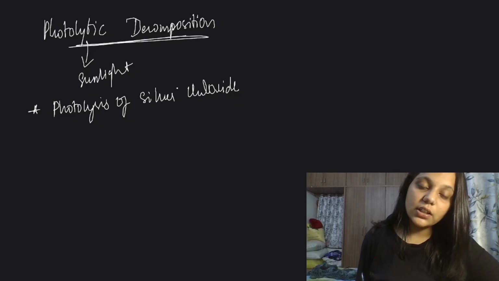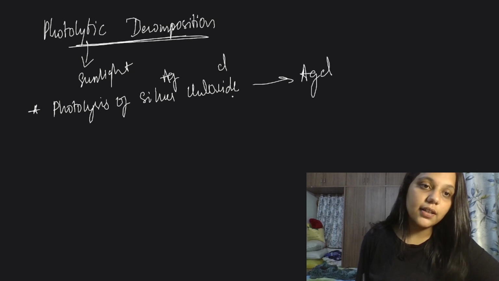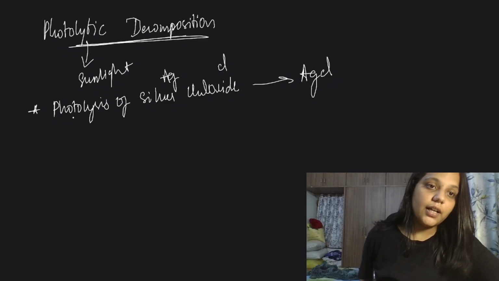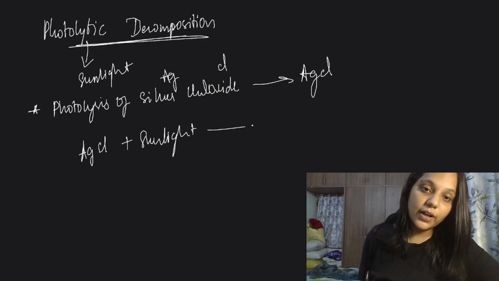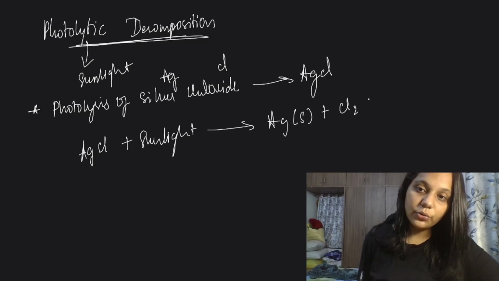Silver is represented as Ag, and chloride is Cl, so AgCl is the formula for silver chloride. We have to do photolysis of silver chloride, which is AgCl plus sunlight. It will give rise to Ag as a solid and Cl2 as a gas.